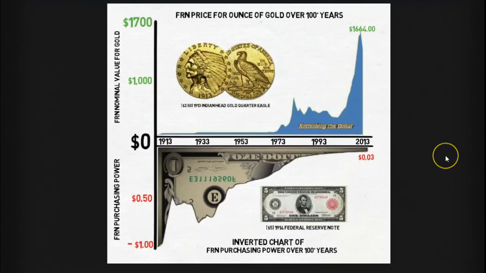So if you found this informative, I want to encourage you to download this visual aid in the description below, and then share it via social media with your family and friends, and give them something to look at and walk them through the timeline. Better yet, they can actually see where this is all heading. It doesn't take much to realize that this blue line here can only go higher as this thing goes down.